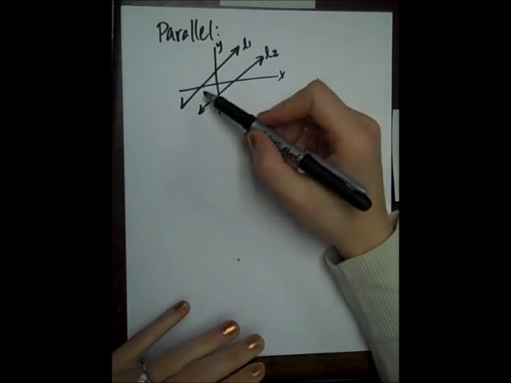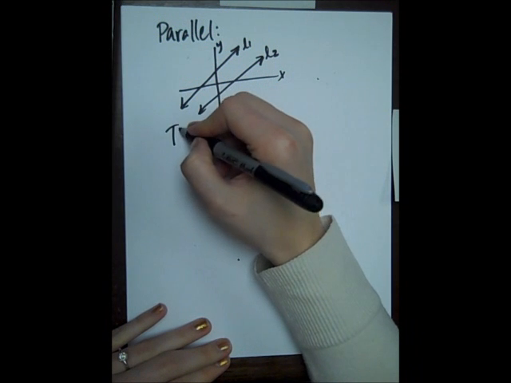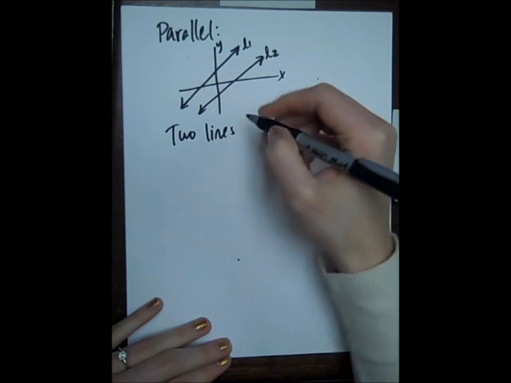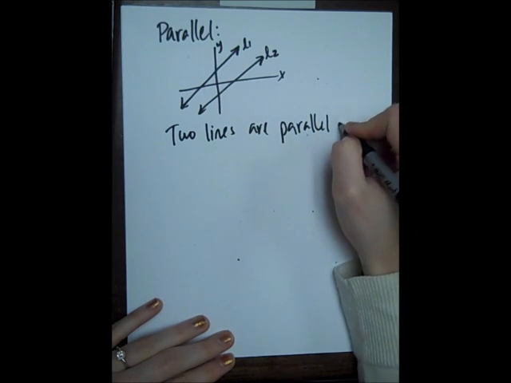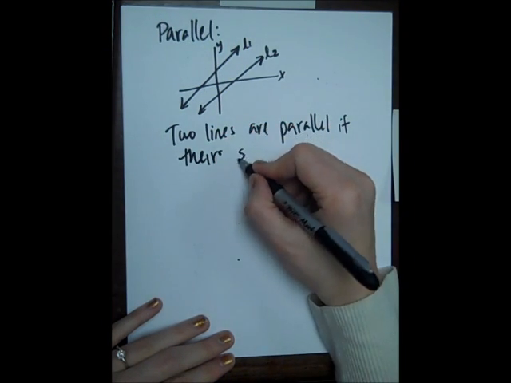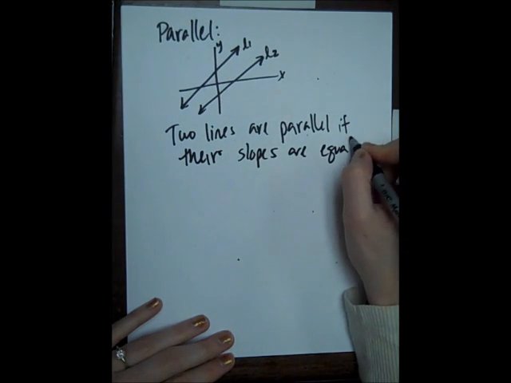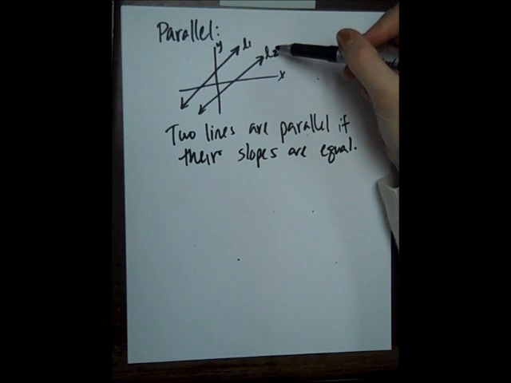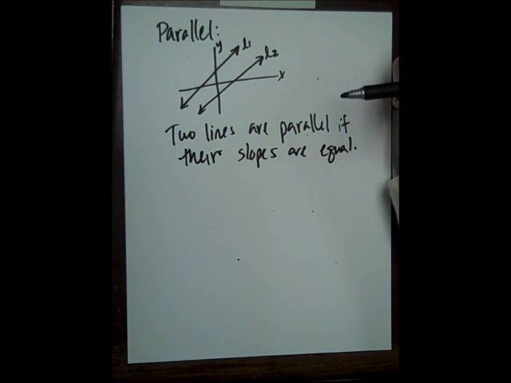But what do you notice about the slopes of these two lines? They're the same. So two lines are parallel if their slopes are equal. So M1 would equal M2 in this case, where M1 is the slope of L1 and M2 is the slope of L2.